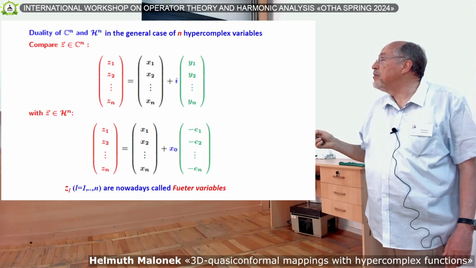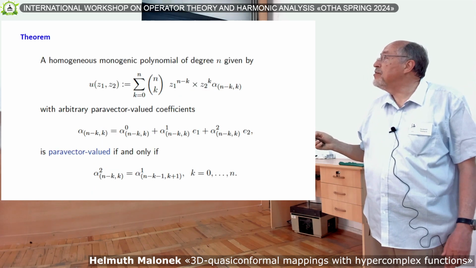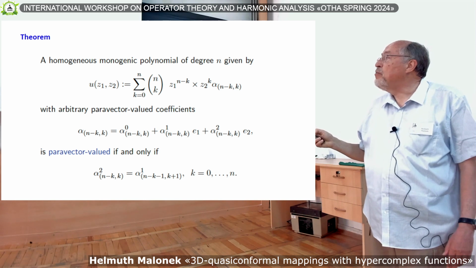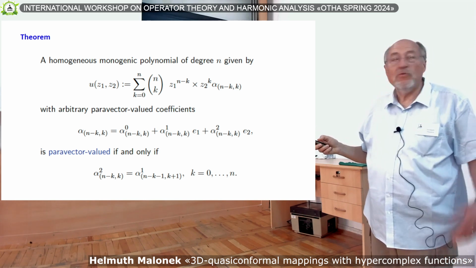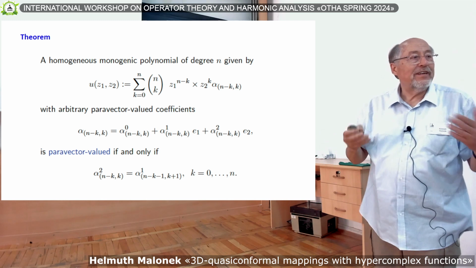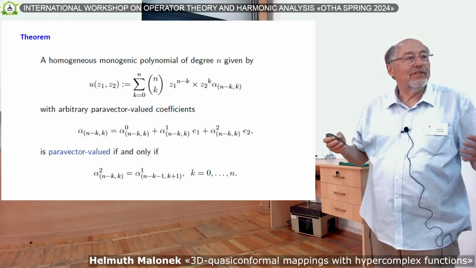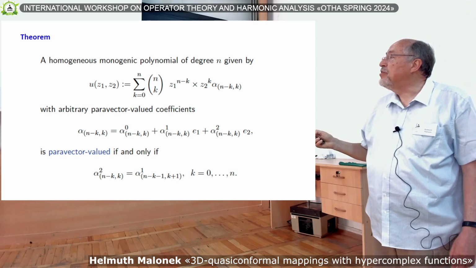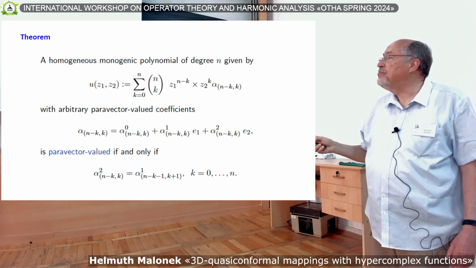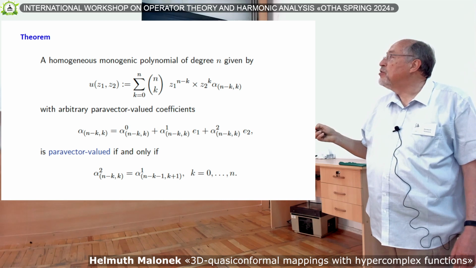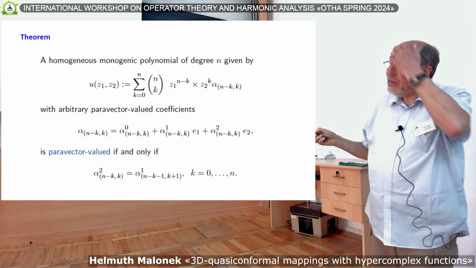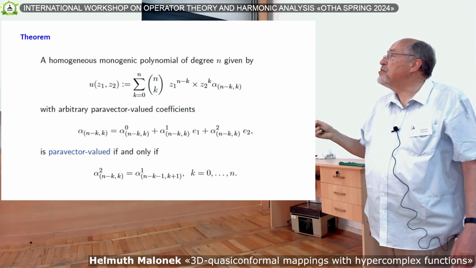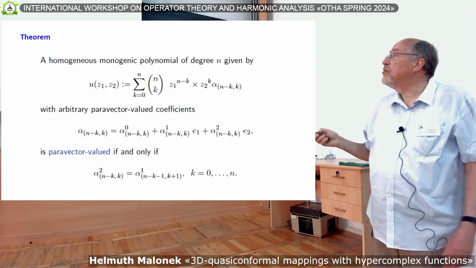Then it's important that if you use these variables to consider a homogeneous polynomial, to get an idea about the structure of the functions, you see that because of the compatibility condition, we have the coincidence of coefficients of some A2 part and some A1 part of this coefficients, which you can use for such a function.